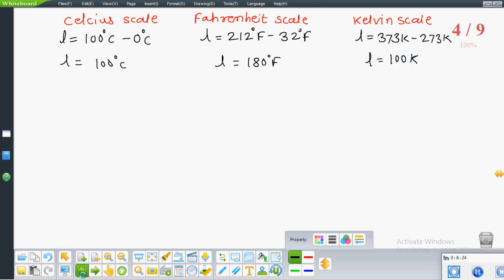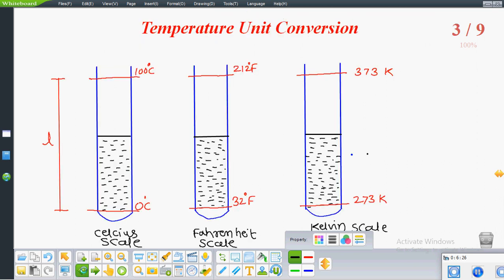Now come to the third step. The third step is we put these three glass tubes in a cup of water and heat the water, right? Then ultimately what happened, the mercury placed in these glass tubes rises, and it rises by the same amount, right?